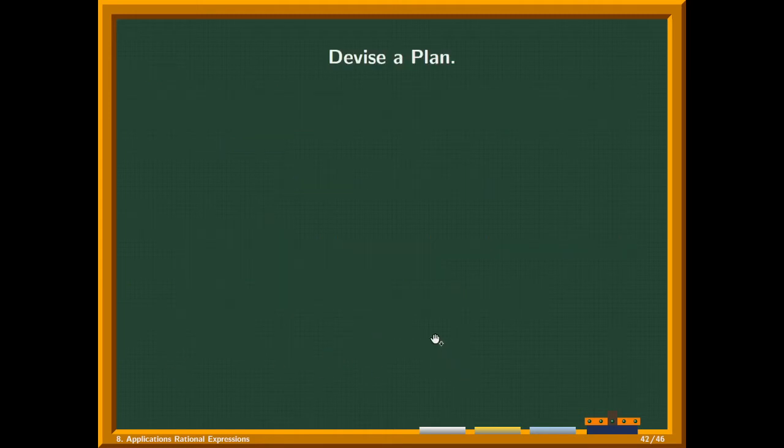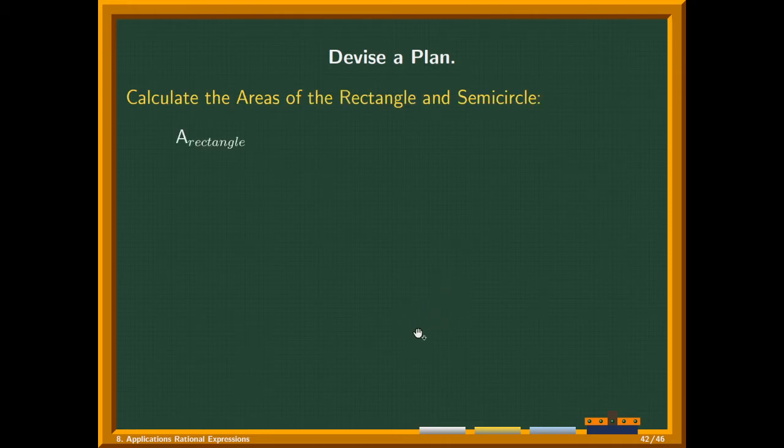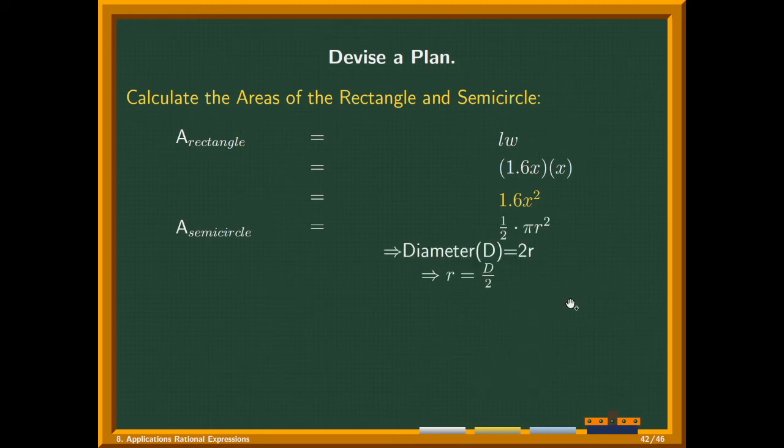So to devise a plan, same, calculate the areas of a rectangle and semicircle. So area of a rectangle is equal to length times width, which is, substituting the value, 1.6x times x is equal to 1.6x squared. And for the semicircle, we have 1 half pi r squared, and the diameter is equal to twice its radius.